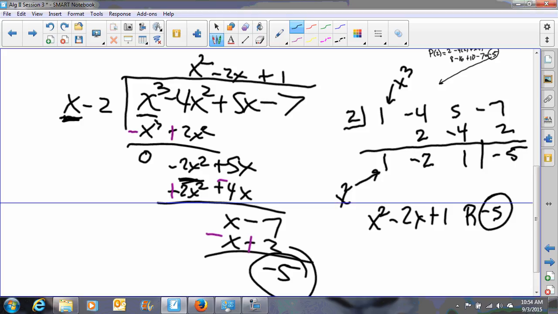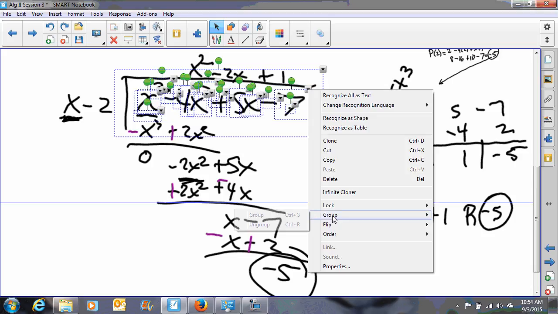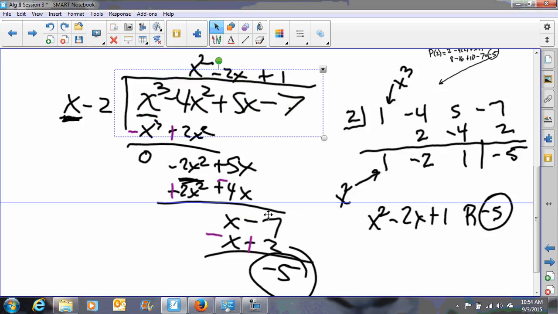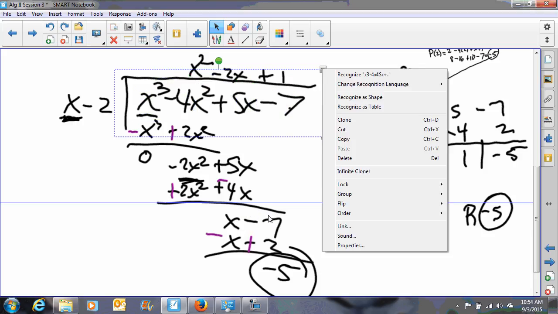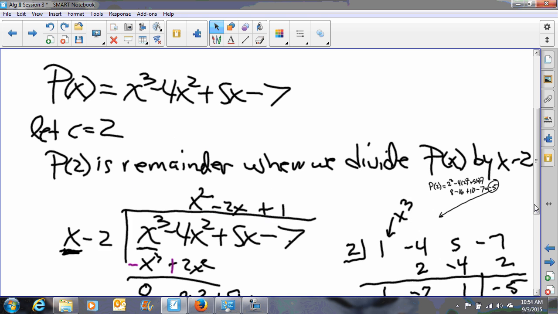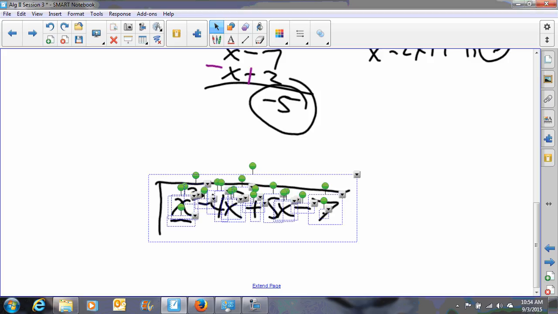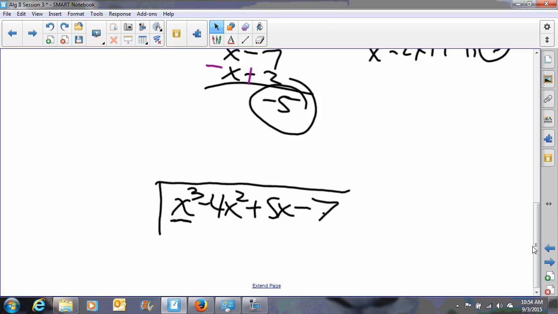Okay, but now let's take a look at p of x again. Oh dear.